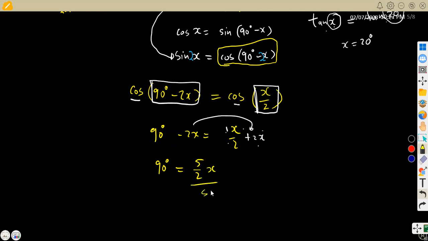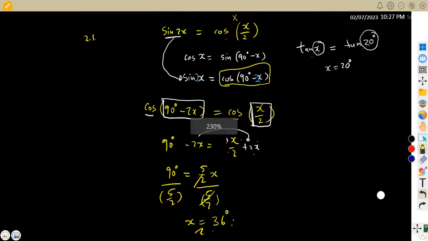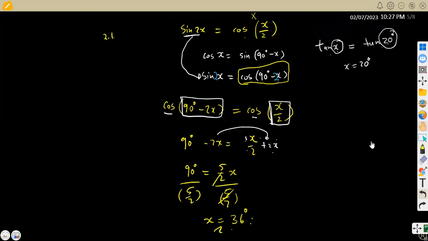So to find x, simply divide by 5 over 2 both sides. 90 divided by 5 over 2 is going to be 36 degrees. So that's the value for x. I wonder why they say general solution, because the answer is just a normal solution where x was just 36 degrees.